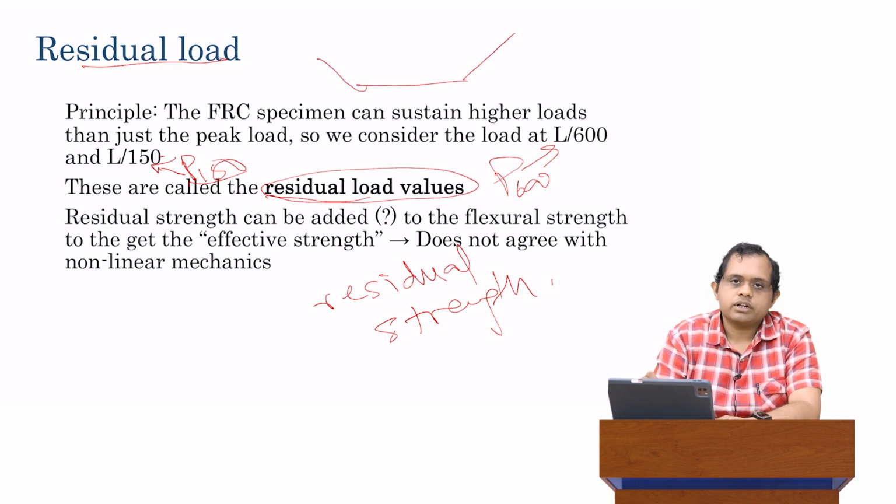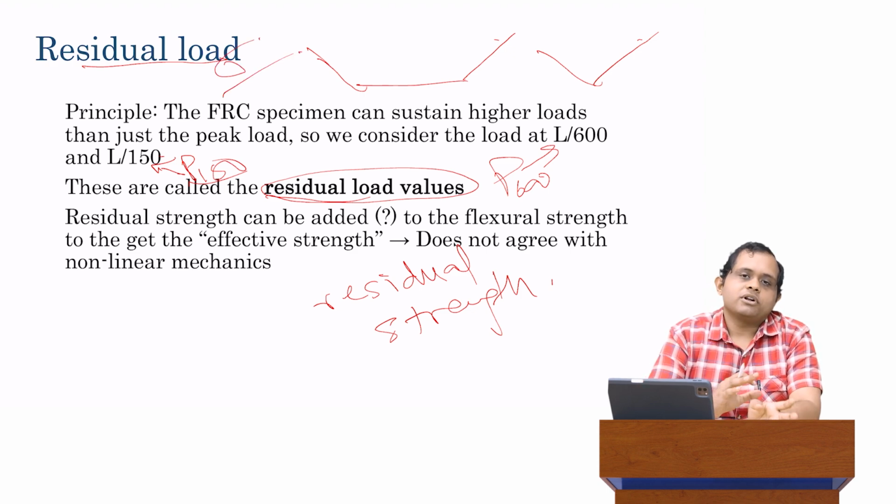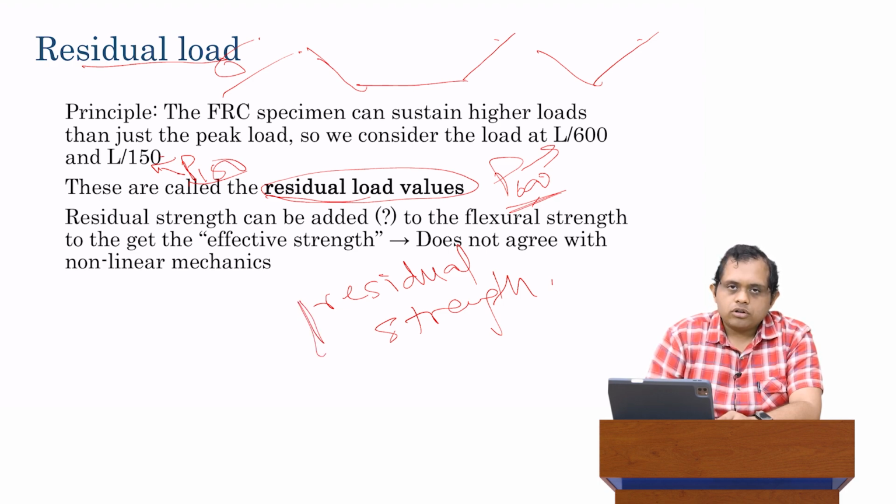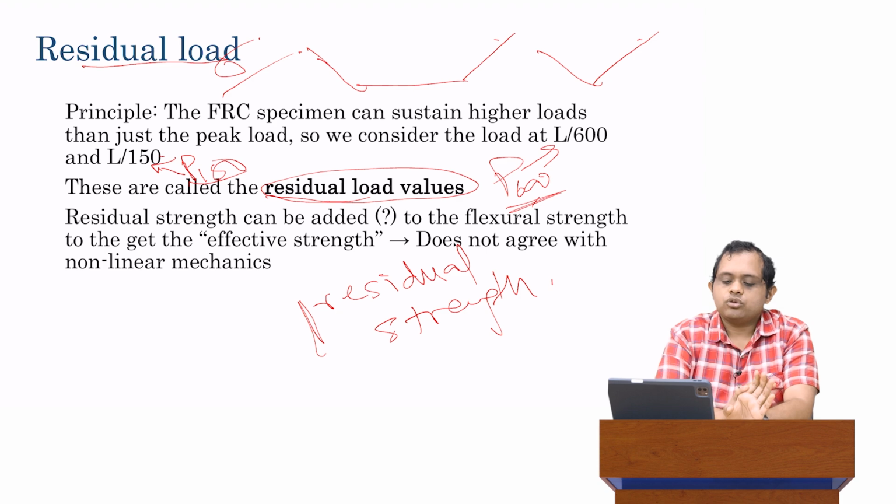The bending moment diagram will look like this if you have a 4-point test, and different if you have a 3-point test. From the bending moment diagram, you can calculate the moment. From the moment, you can calculate the stress, and that's the nominal strength. So we can take this P600 and calculate the residual strength using that.